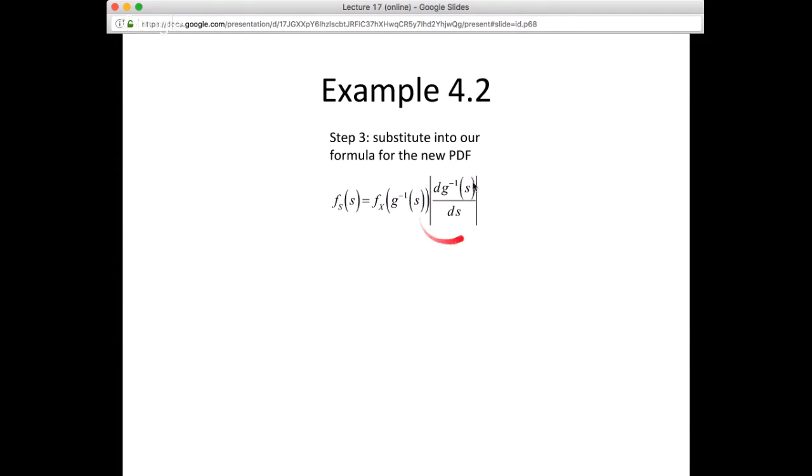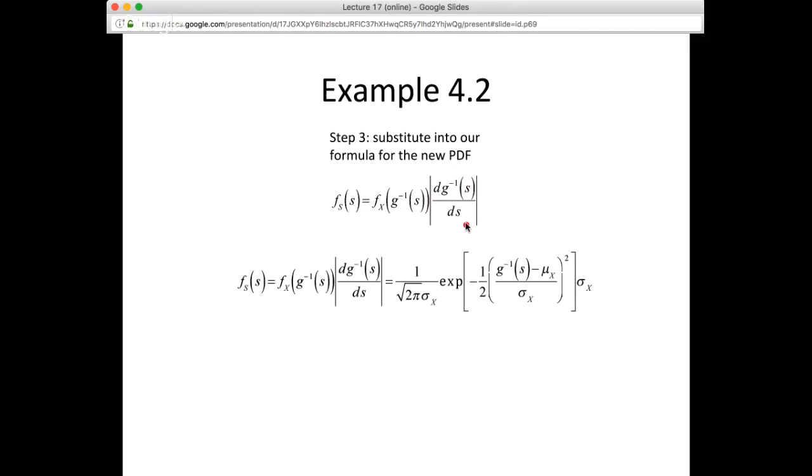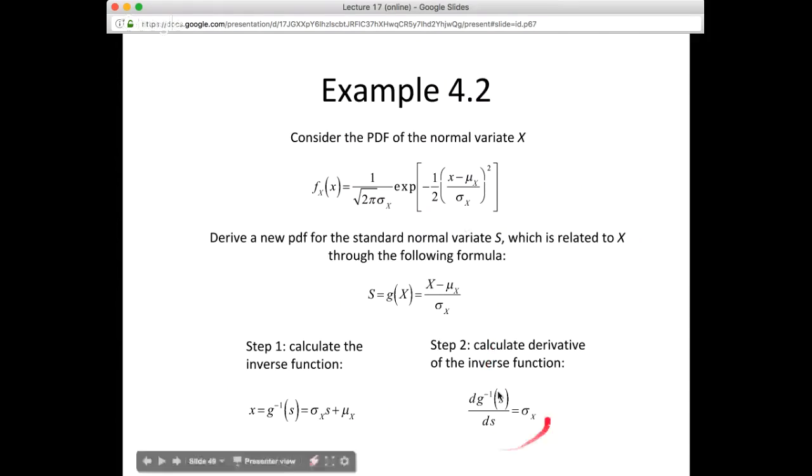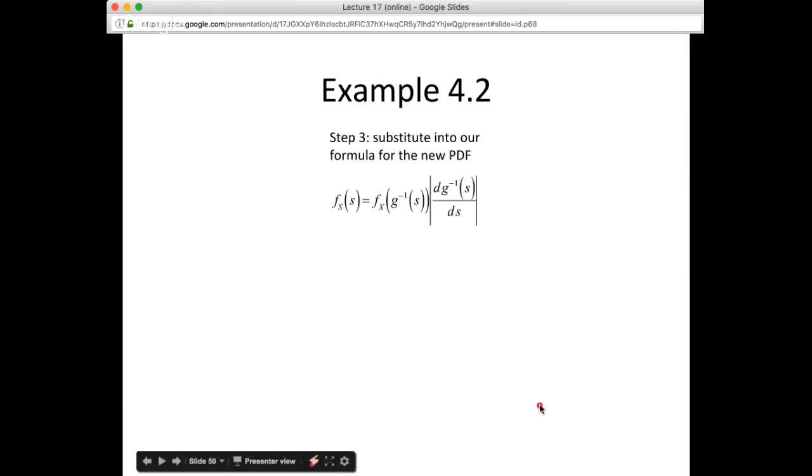We know the derivative is just equal to sigma x, and this other quantity is just the normal distribution for x, but evaluated instead at g inverse of s.